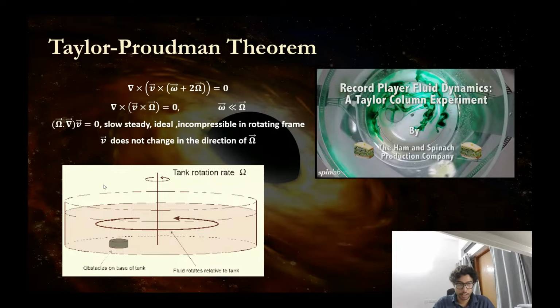The experiment is that, for example, you have a jar of water and you are rotating the jar about this axis. This is the rotation axis, so omega is along this direction, the z direction. It states that the velocity of the fluid will not be changing with respect to the z direction.